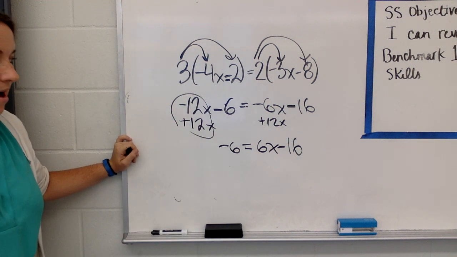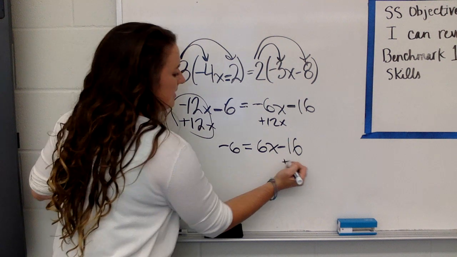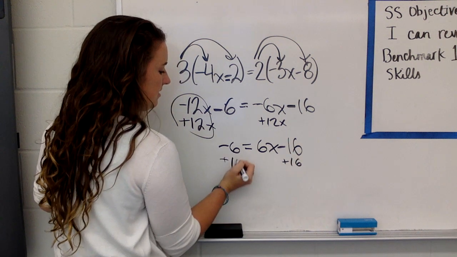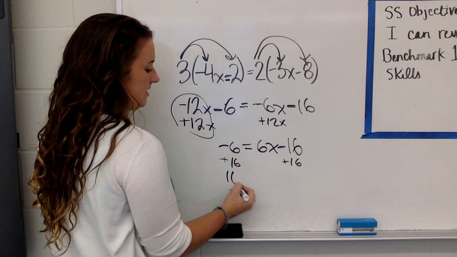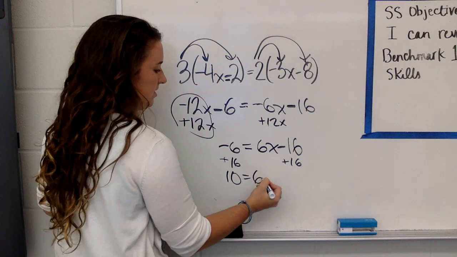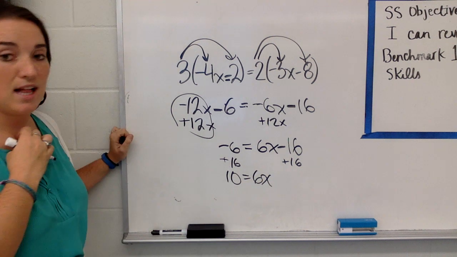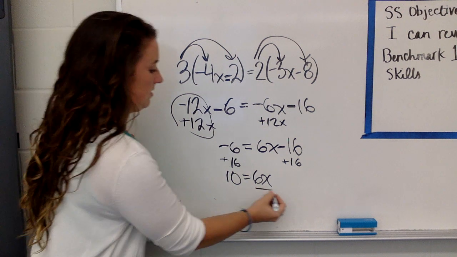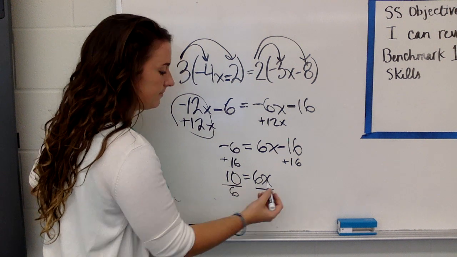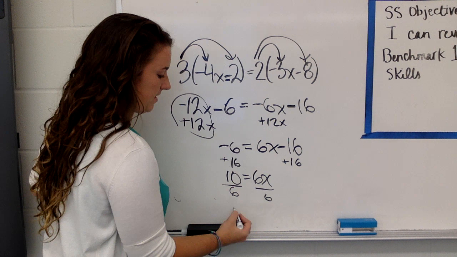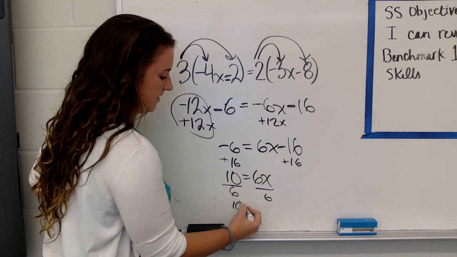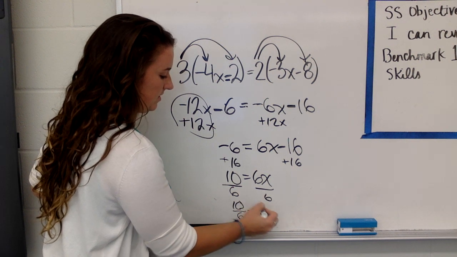Now what do we do? We could add 16 to both sides. Negative 6 plus 16 is 10, equals 6x. Last step is we divide. So you'll end up with 10 over 6 equals x.